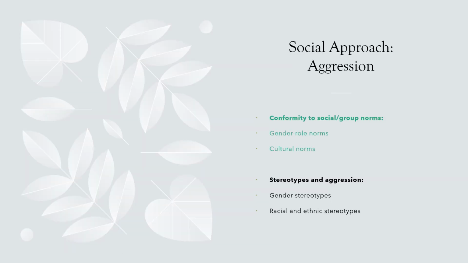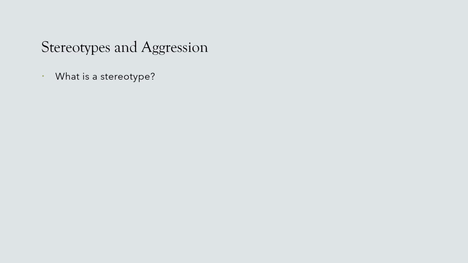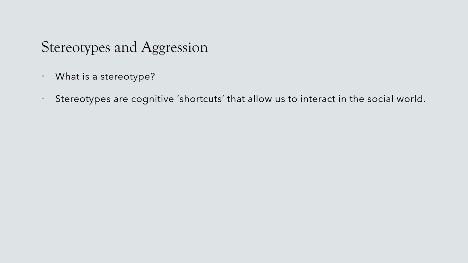Okay, so that's that for gender role norms and cultural norms. Next, we're moving on to stereotypes and aggression. What is a stereotype? We looked at stereotypes when we first looked at the social approach. Stereotypes are cognitive shortcuts that allow us to interact with the social world. So even if you're not aware, whenever we meet someone new, the first thing we do is we label them.